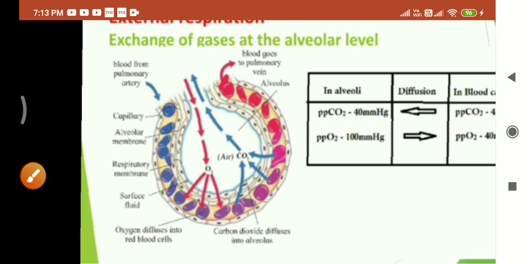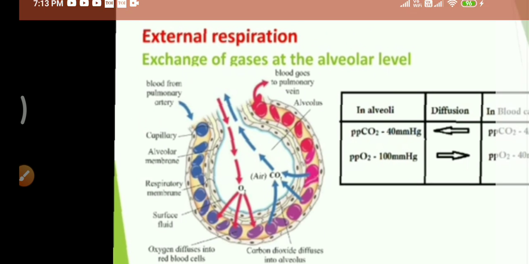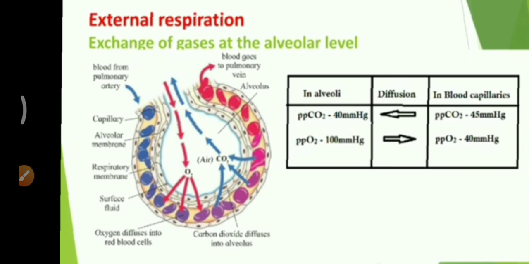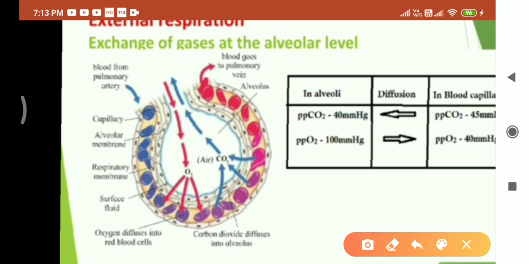And when we talk about carbon dioxide, what happens? The capillaries also reach the tissues. When the tissues absorb the oxygen, the blood becomes deoxygenated blood again. The function of this deoxygenated blood is to trap oxygen and carbon dioxide also.